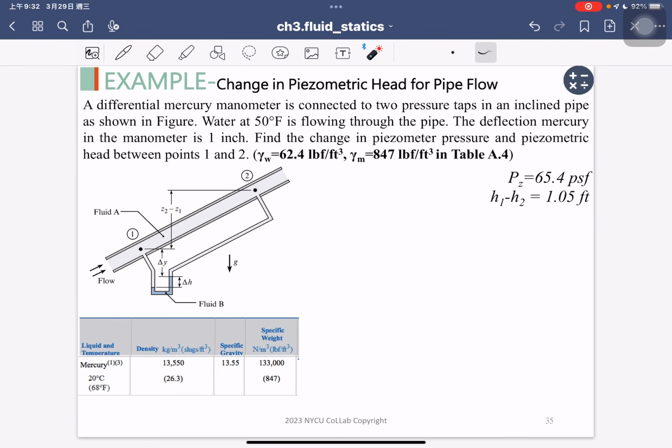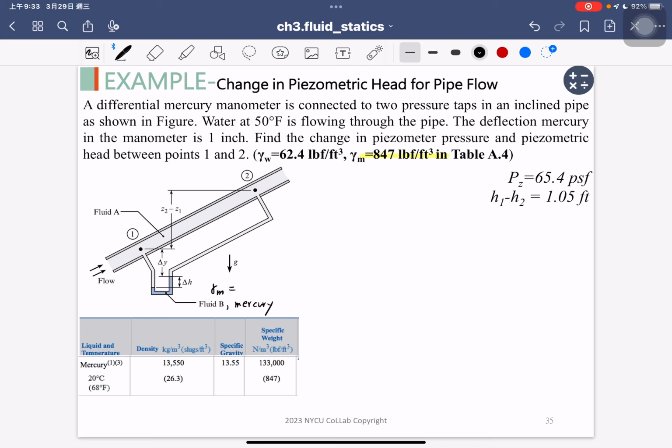So for the exercise, we put the manometer fluid here, fluid B, which is mercury. Okay, so we should know how large the mercury specific weight is, gamma M. It's our manometer specific weight. And in the question I already provided the numbers here because we want to use the imperial unit. So I guess you don't know the mercury specific weight in imperial units, so I write it down here.